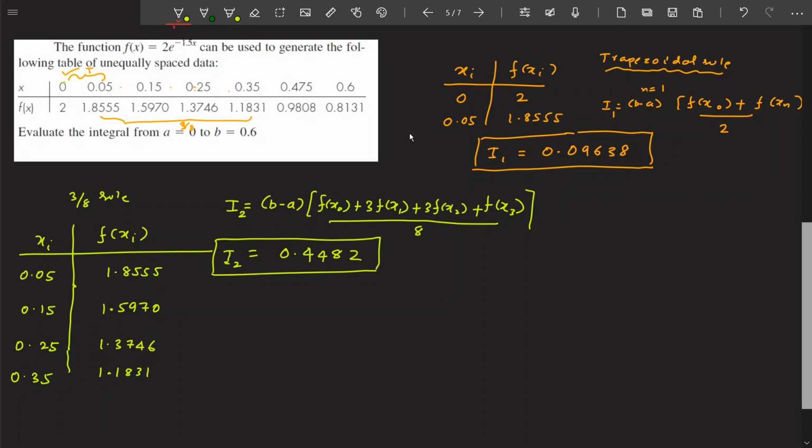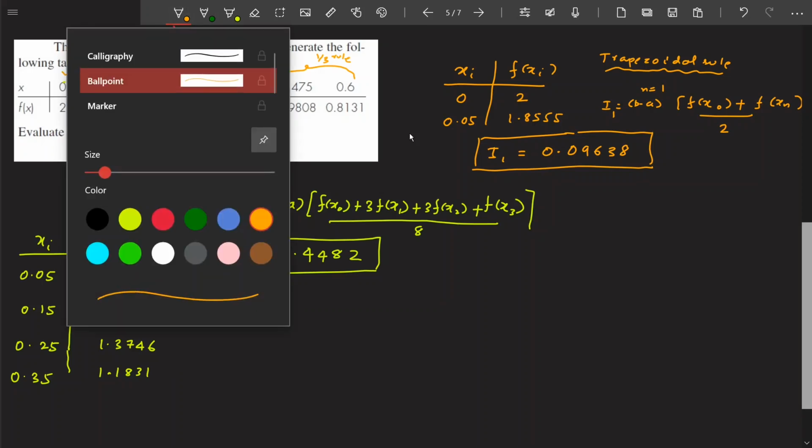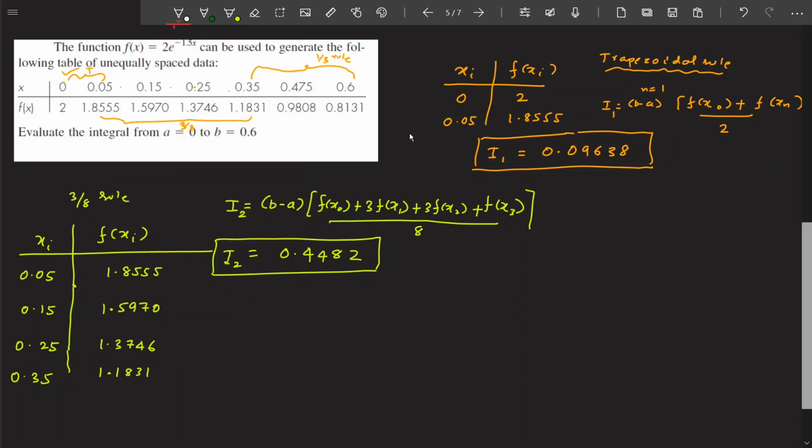Okay, once we have done this, now let us move on to the next thing, that is this. Here I'll be using the 1/3 rule, and this time I'll use white color. So let us write down the data first.